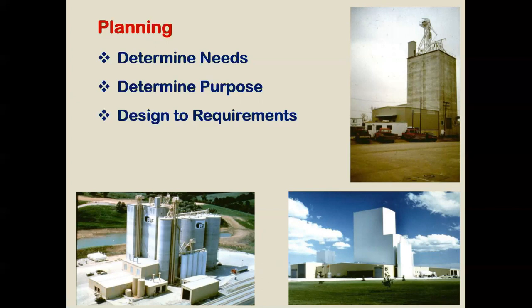Second, what is the purpose? Determine the purpose. And the last is design to requirement. What kind of feed should we produce? There are different kinds of feed, and what is the requirement of that particular kind of feed and amount of feed. So these 3 plannings we should keep in mind before suggesting to any person the establishment of a feed mill.